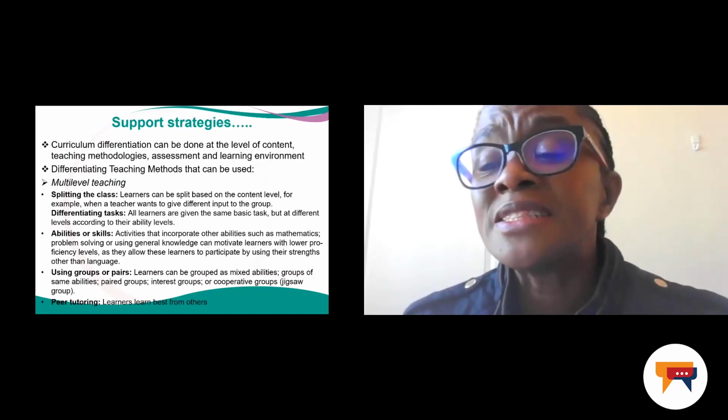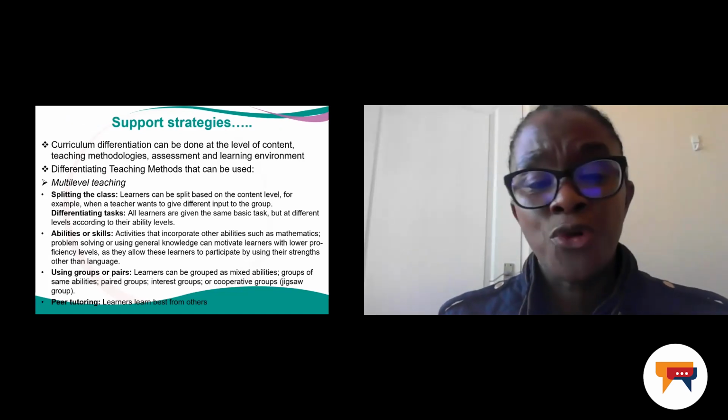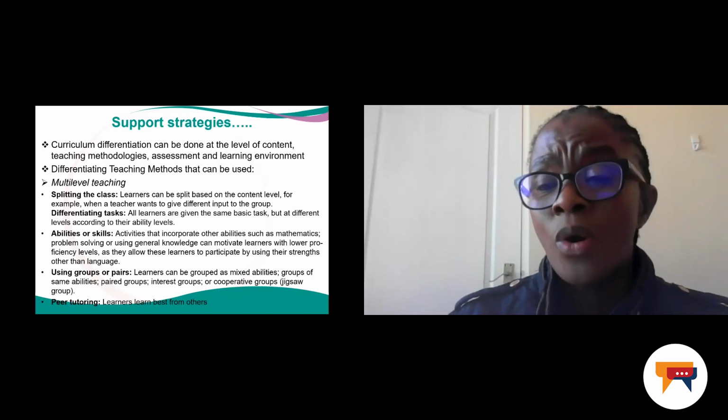When we differentiate the curriculum, let's look at differentiating the teaching methods. We have multi-level teaching, where we split the class. Learners can be split based on the content level, for example, when a teacher wants to give different inputs to the group.